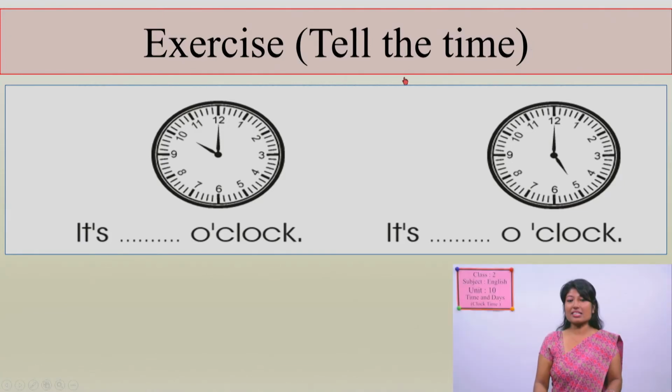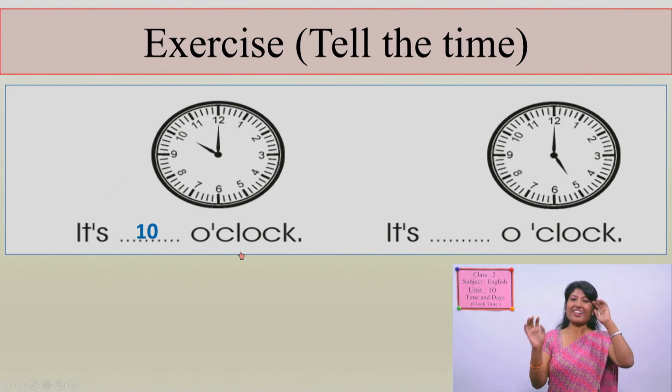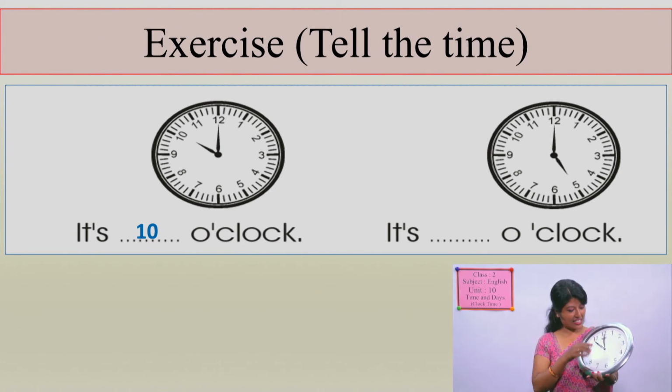Now look at this slide. Tell the time. Now the short hand is in 10 and long hand is in 12. It's o'clock. What's this time? It is 10 o'clock, right? The short hand is in 10 and the long hand is in 12.